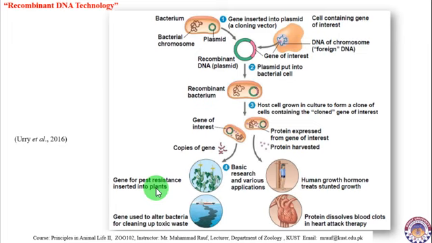If the objective is to produce multiple copies of the gene, then the vector is called a cloning vector, and if the objective is to produce the protein for which the gene of interest codes, then such type of cloning is called expression, and such type of vector is called an expression vector.